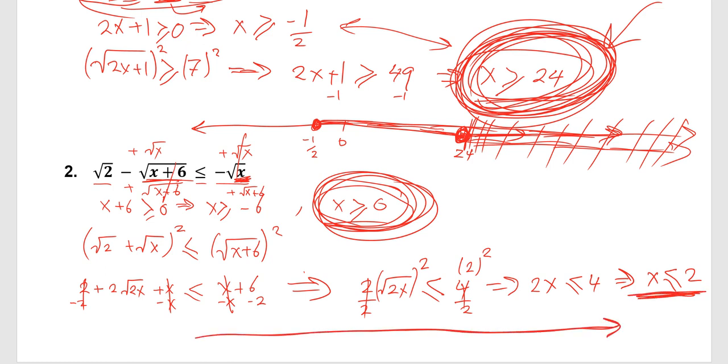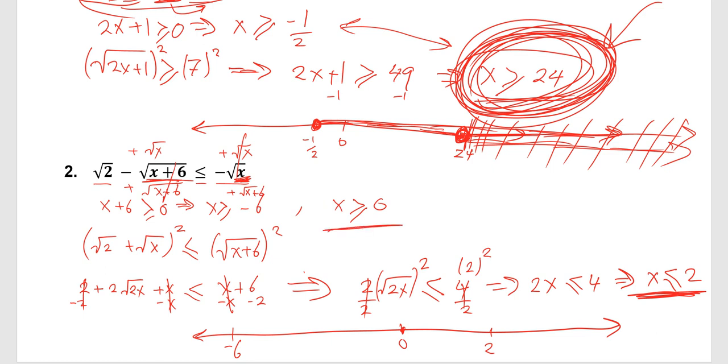And again, if we put this on a number line, we have 0, and we have 2, and we have, you know, minus 6 somewhere here, right? We already said that for testing the radicands, we need to take the x greater than or equal to 0.